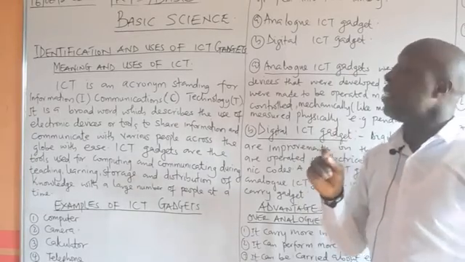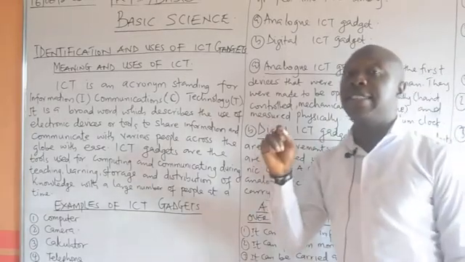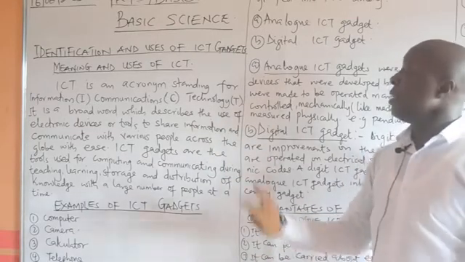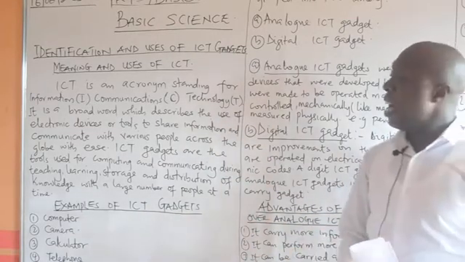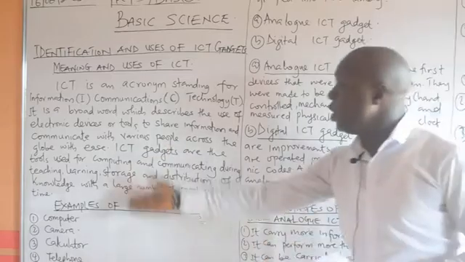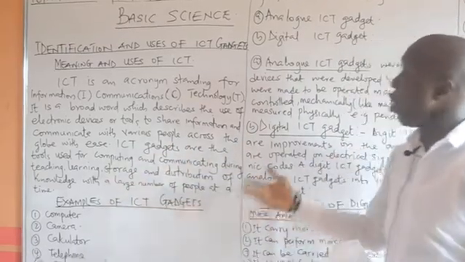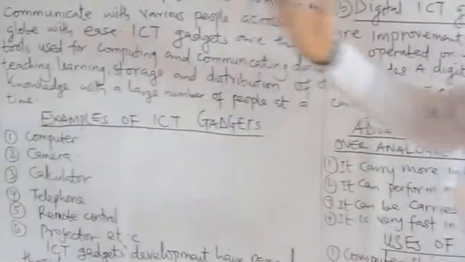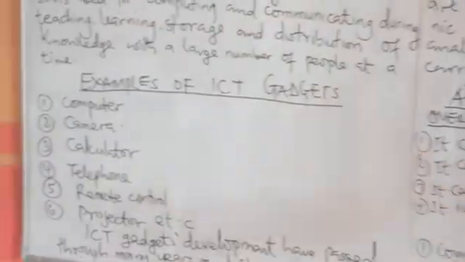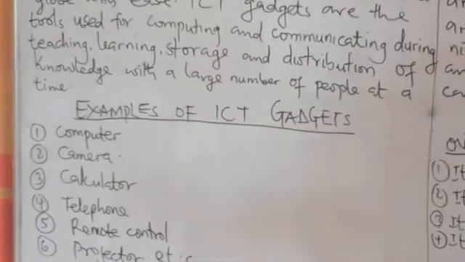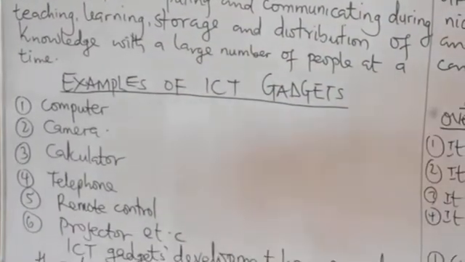The I stands for information, the C stands for communication, and the other C stands for what? Technology. ICT gadgets are used for computing and communicating, and also used during teaching, learning, storage and distribution of knowledge with a large number of people at a time.